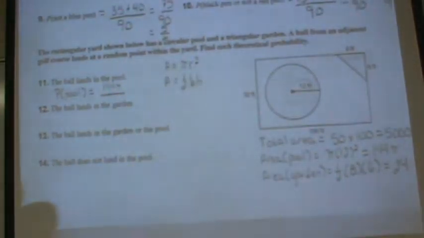So we're going to take the area of the pool, which was our 144 pi, and that's going to be over the entire area of the yard, which was the 5,000.